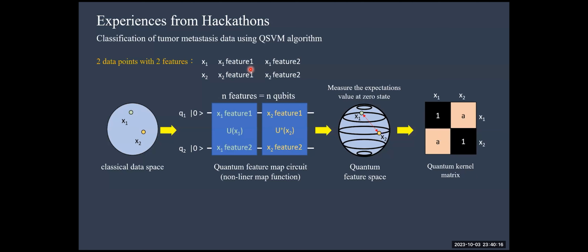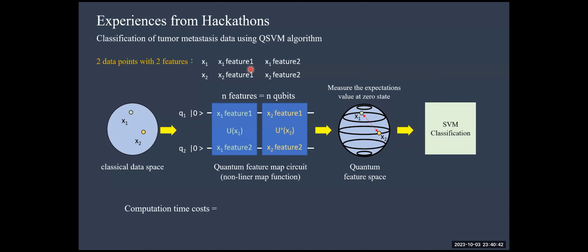Then by repeatedly computing the correlations X1 with X1, X1 with X2, X2 with X1, and X2 with X2 in the quantum feature space, we can derive the quantum kernel matrix. Finally, the quantum kernel matrix is input into the QSVM classifier for classification.